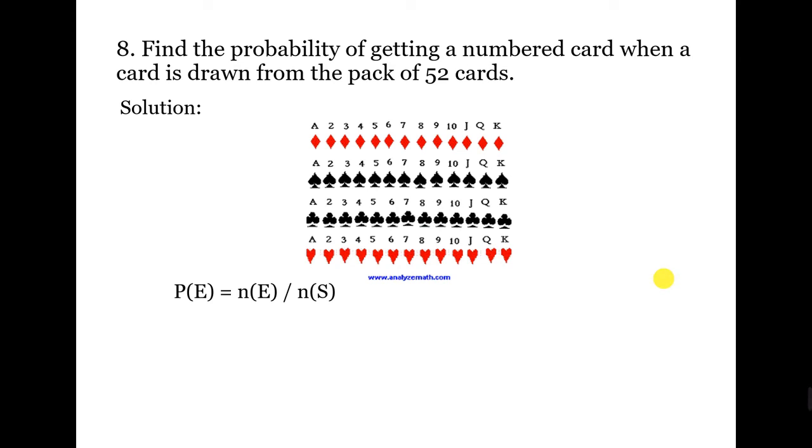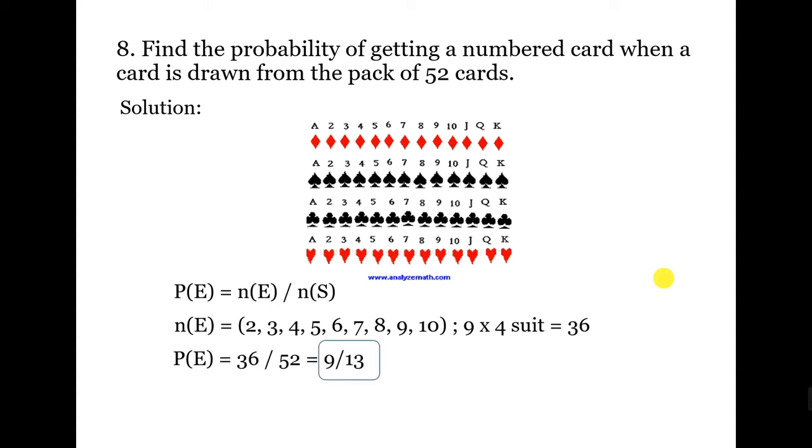The number of events ranges from numbers 2 to 10, which is 9, then multiplied by 4 as there are 4 suits in every numbered card. Therefore, that is equal to 36 events. So if we substitute the values to the formula, the answer is equal to 9 all over 13, or approximately 69% of 52 cards.